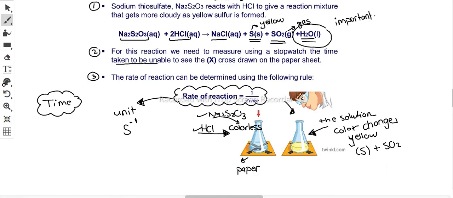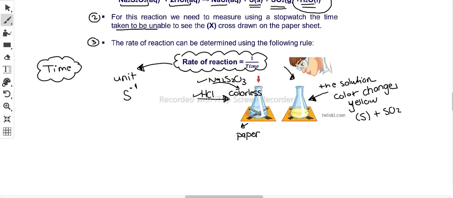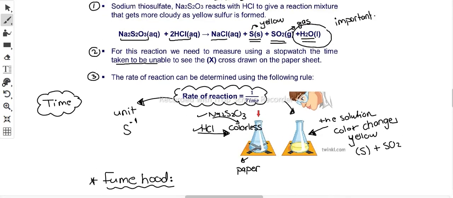Another thing that you need to take into consideration here, this chemical reaction usually takes place in a fume hood. It is a place which is so important for the chemical reaction to take place inside. Now, when talking about the fume hood, it is the place that can take the unpleasant and toxic gases that would be produced from the chemical reaction. Why do we need to use the fume hood?